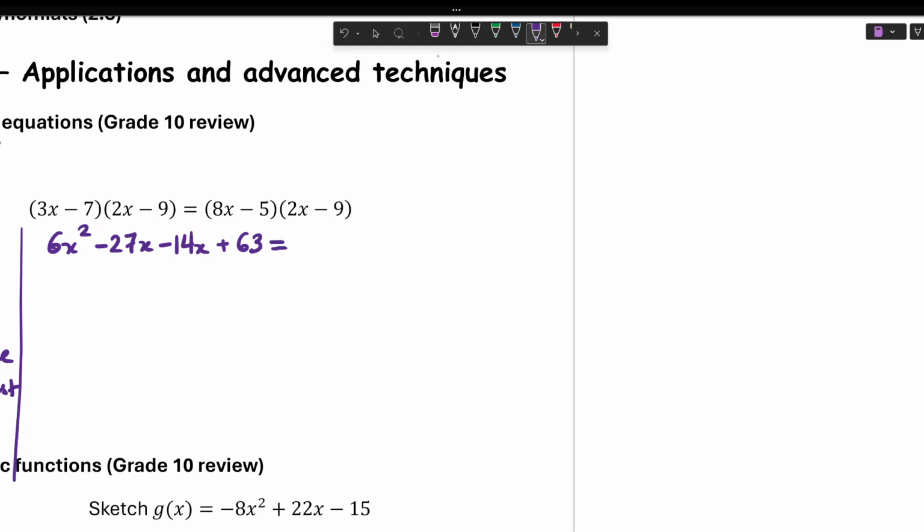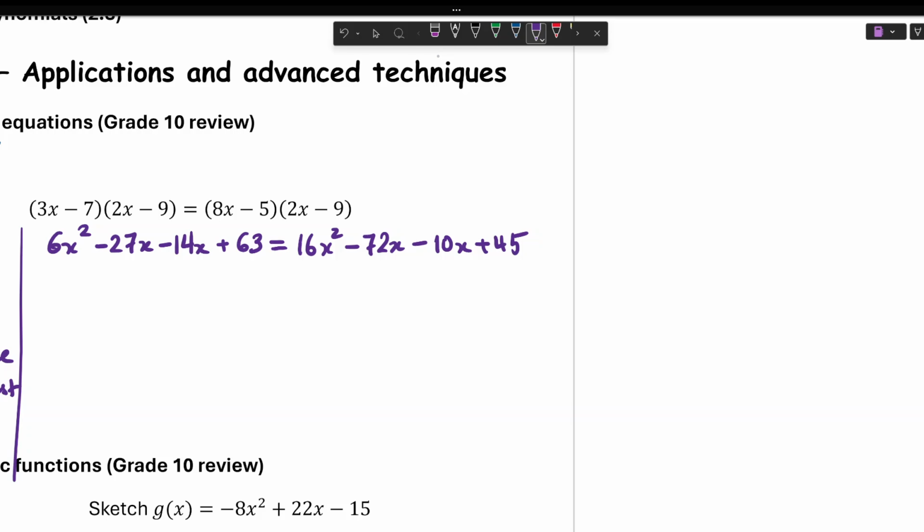The other side, we have 8x times 2x, which is 16x squared. We have 8x times negative 9, which is negative 72x. We have negative 5 times 2x, which is negative 10x. And we have positive 45 from negative 5 and negative 9.